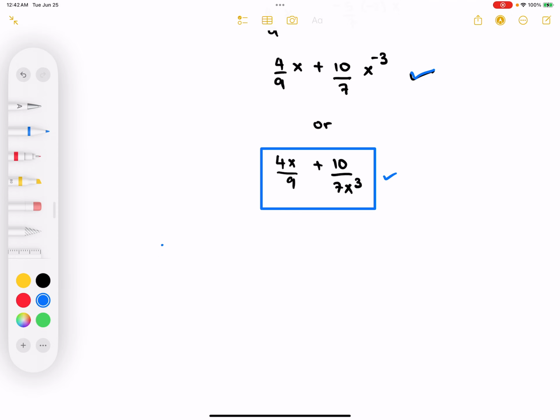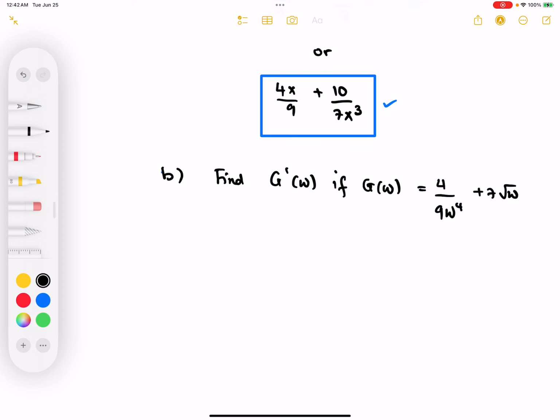Let's use another example. Let's see, B, find G derivative at W if G as a function of W is given, for example, 4 over 9 W to the fourth power plus 7 root W. Now, the first thing you need to do is write G as a function of W in power form, so that you can find the derivative easily.